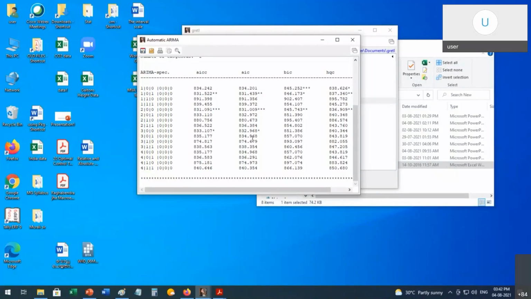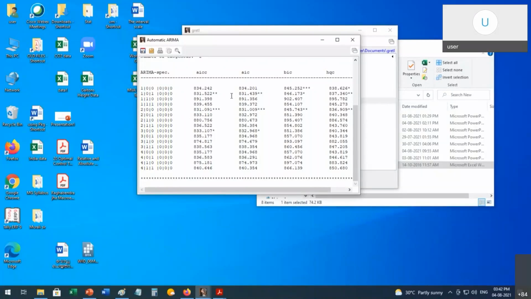So where we get a highly significant model, we select that one. In this case, the highly significant model is this 200000. That is this one. All the information criteria favor that.